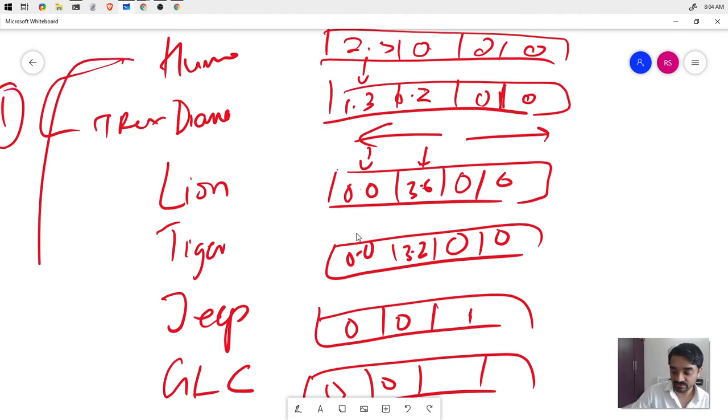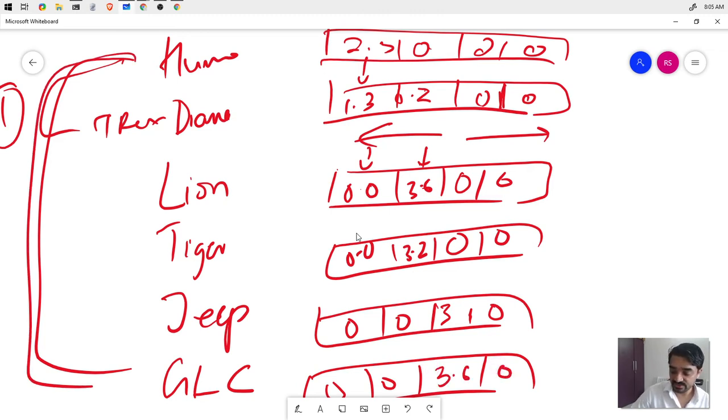But if I do human minus GLC, I've not written these numbers. So let's say Jeep is 3, and then 0, and then this is also let's say 3.6 and 0, right? Now if I do human versus GLC, you can see 2.3 square, okay? So that's some number plus 0 and 3.6 square.